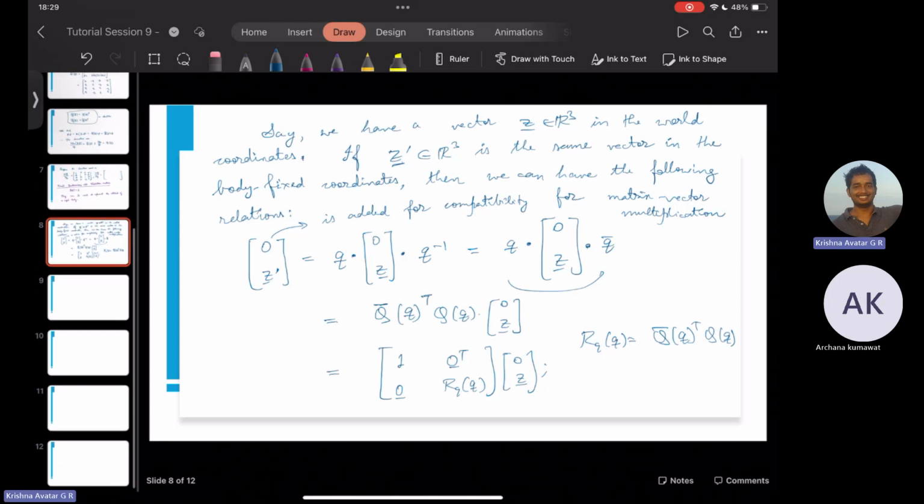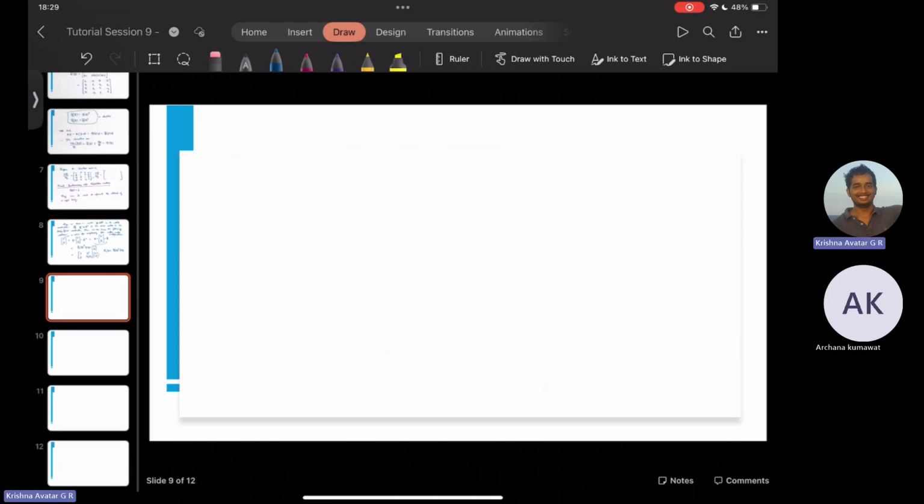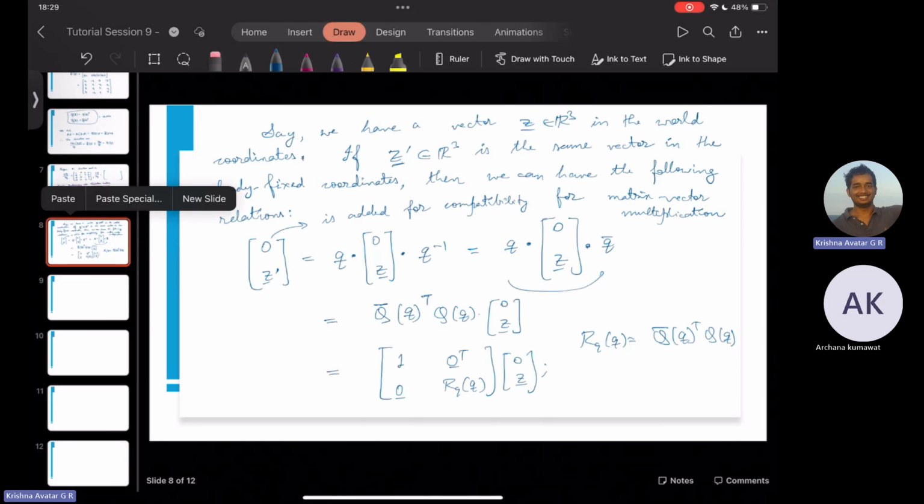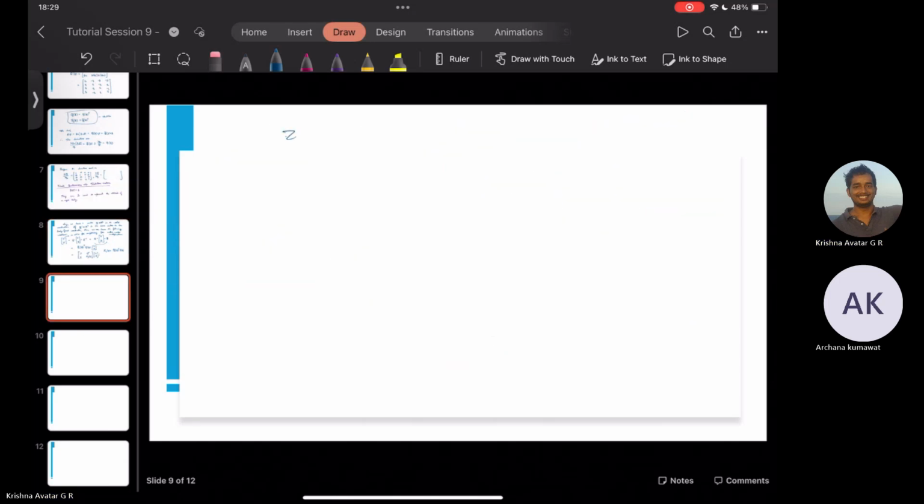And we can clearly see from here that Z prime is equal to RQ of Q vector into Q into Z vector. And likewise, Z is equal to RQ of Q whole transpose into Z prime, right?